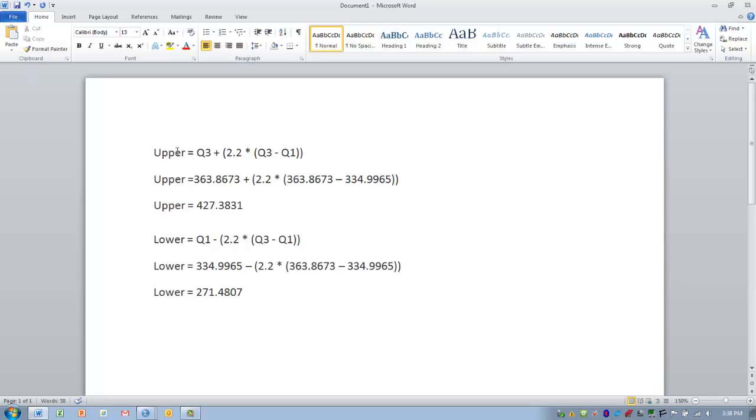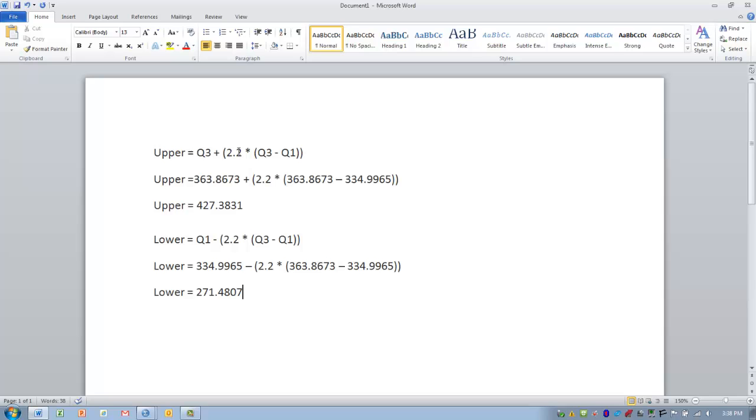We have a formula for the upper boundary for outliers, and a formula for the lower boundary. Basically, we take the third quartile and the first quartile and plug those values into this formula. And then we use a multiplier of 2.2 in order to set the boundaries for our outliers.